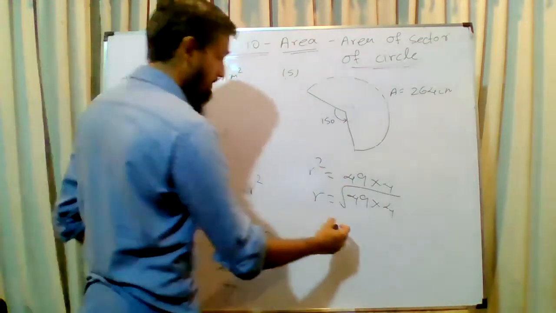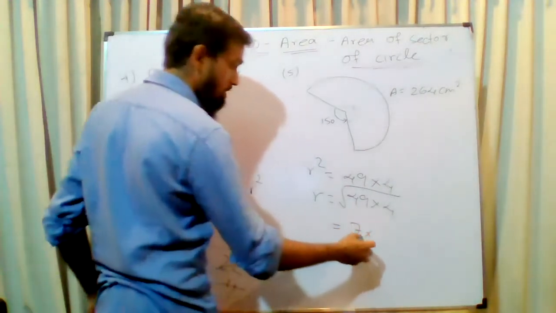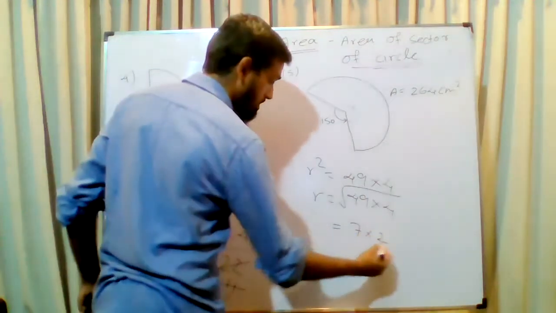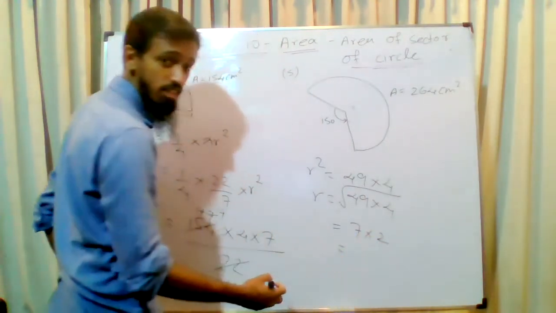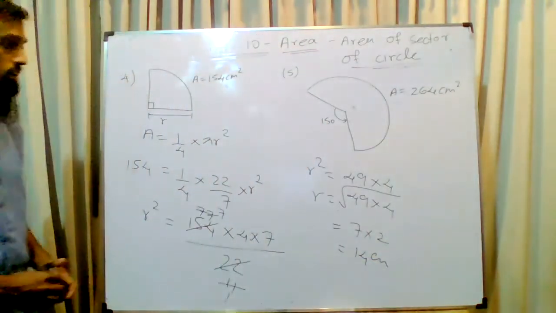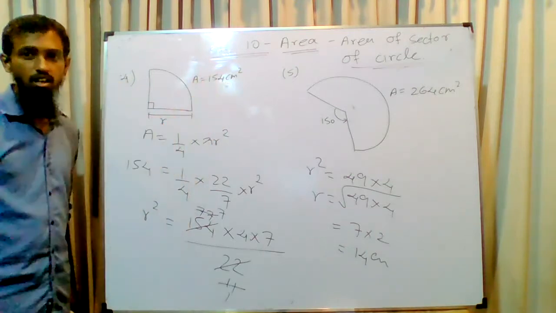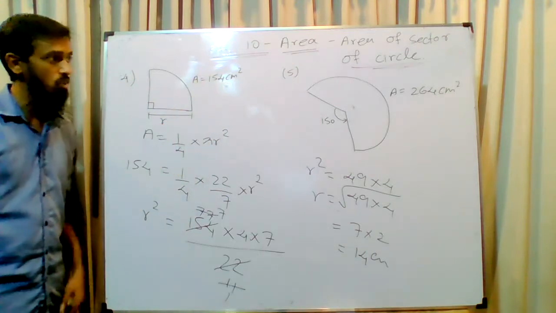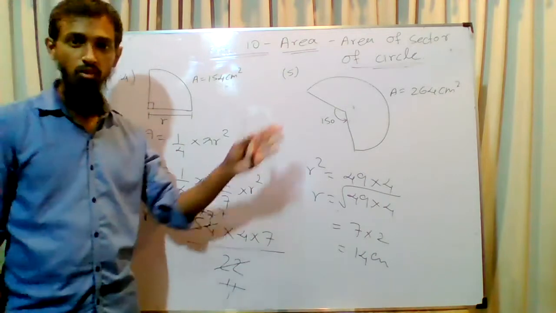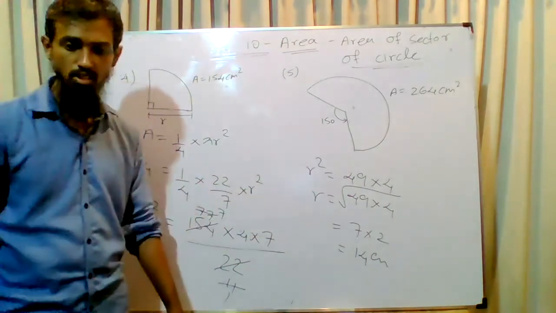So if you find the square root of 49, it's 7. Square root of 4, it's 2. So finally the radius is 14 centimeter. So the area is given. You need to find the radius. Okay. So you have another question, do the question and continue this video.